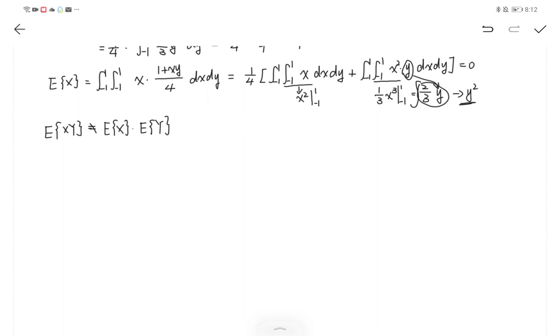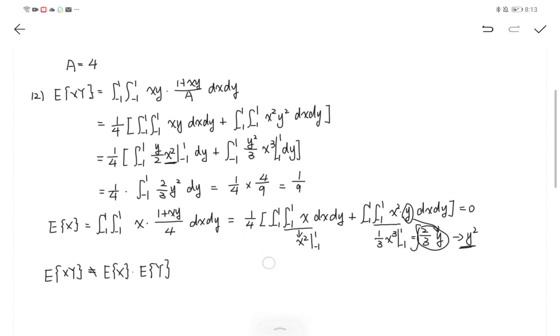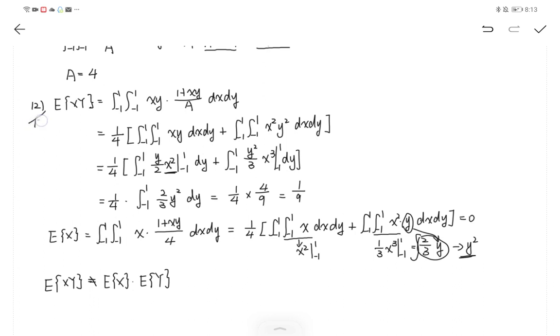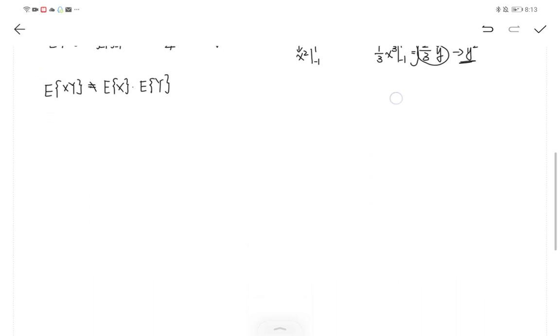And we also can see that they are not independent. So that's problems 2 and 3.